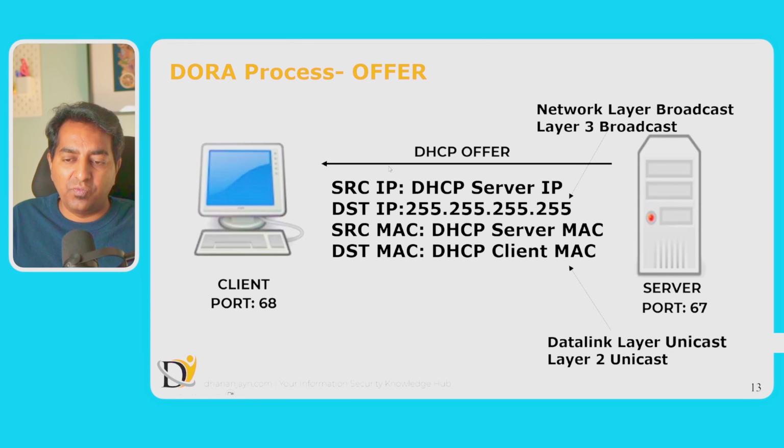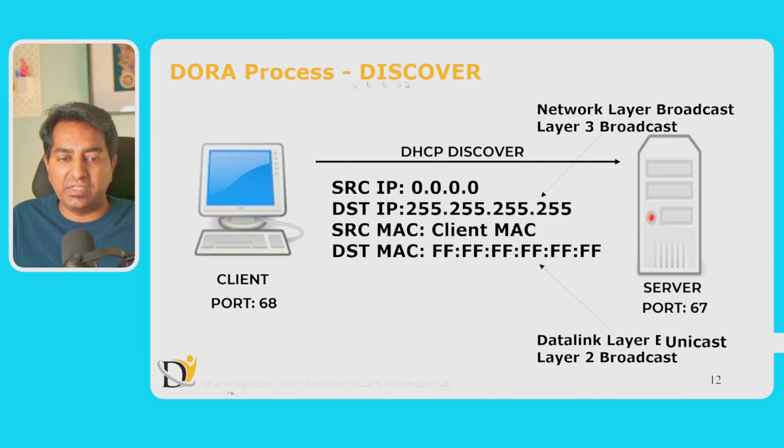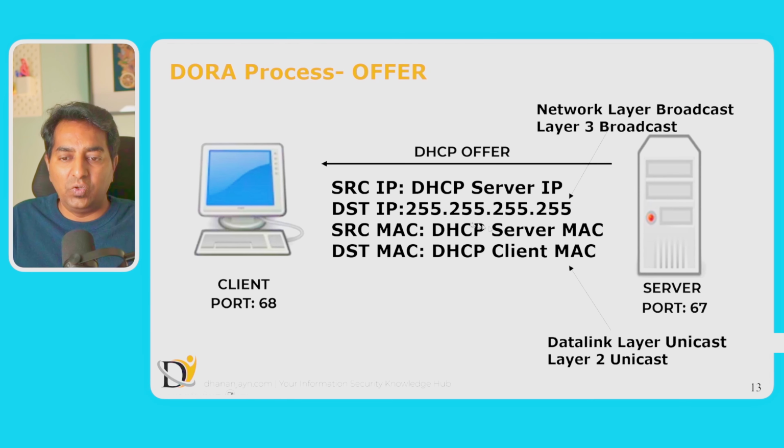In the offer phase, what happens is the DHCP server now gets to know the MAC address of the source, right? If we go back to the discover phase, the client has sent its MAC address, so this has already informed the server that this is my MAC address. In the offer phase, the DHCP server puts its own IP address in the source IP.